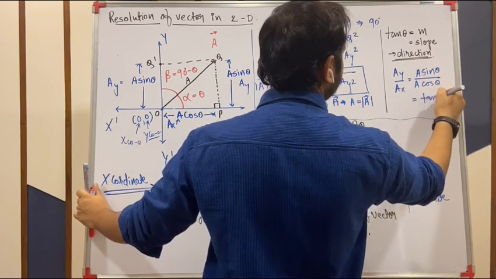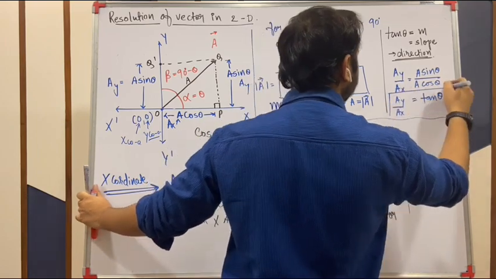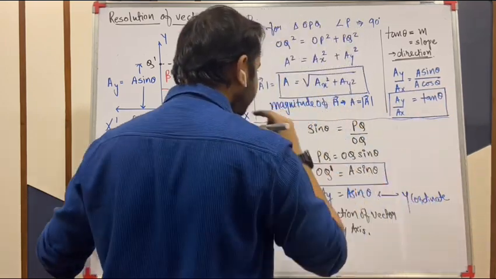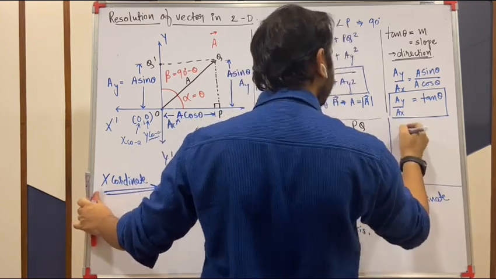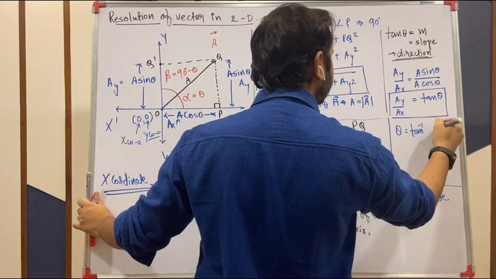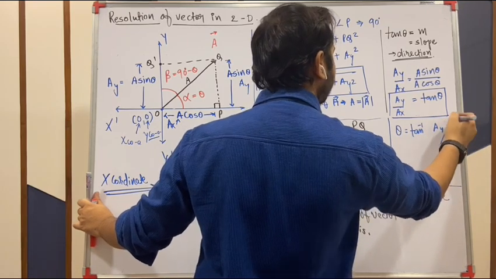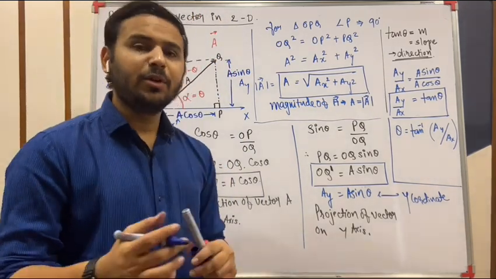You can write tan theta is AY upon AX, where theta is equal to tan inverse AY upon AX, y coordinate upon x coordinate, or you can say y component upon x component.